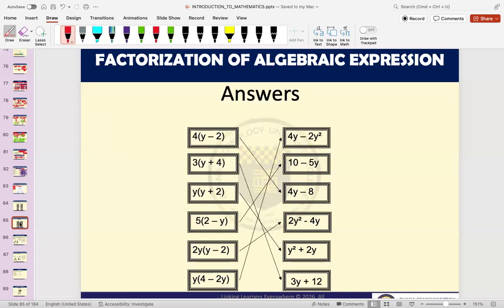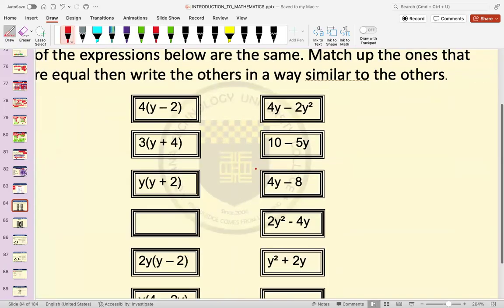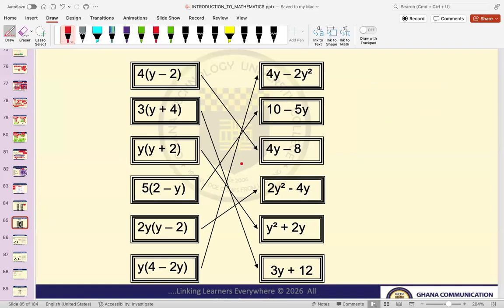An example is what I did here for you. Let's see, they were like this. Now we want to find out, are there some common terms for these expressions? Do we have common terms for these expressions? Yes, we do. I want to look at them. Let me look at the first one.